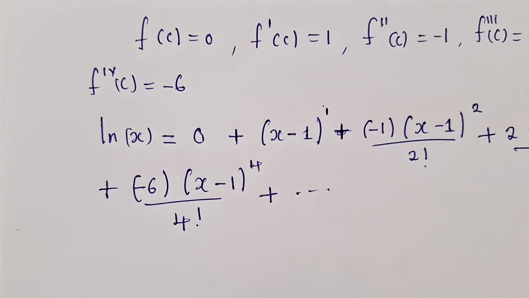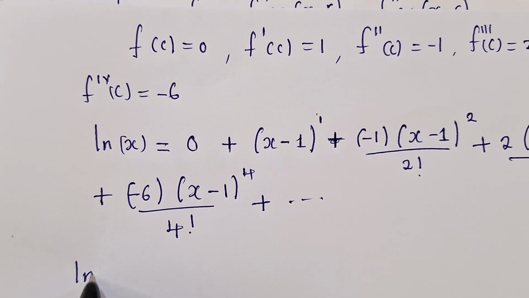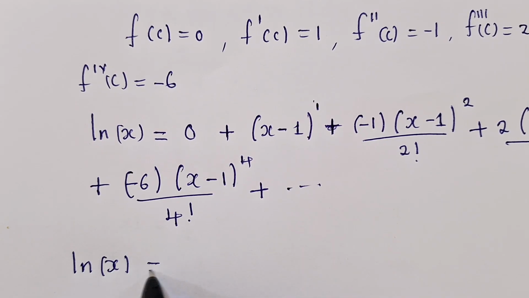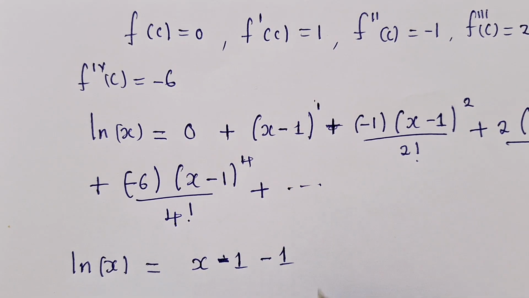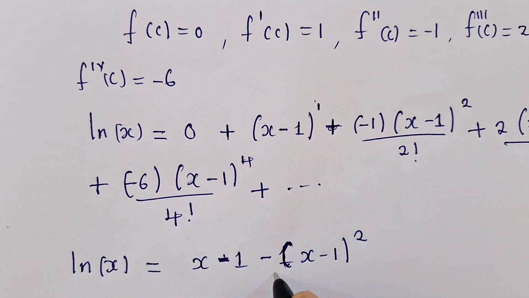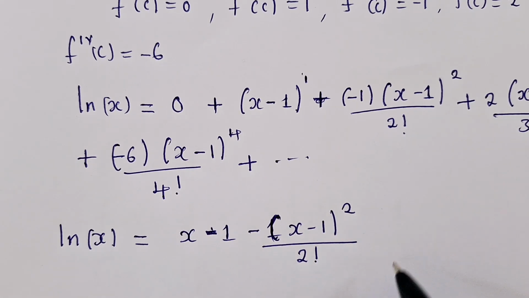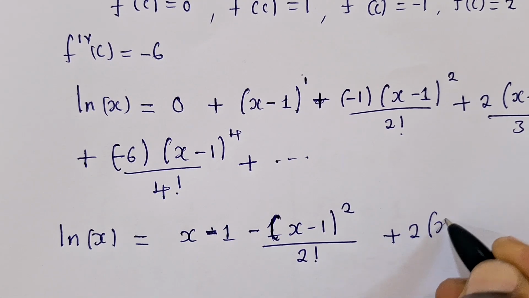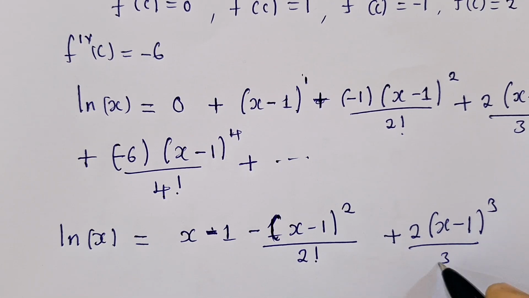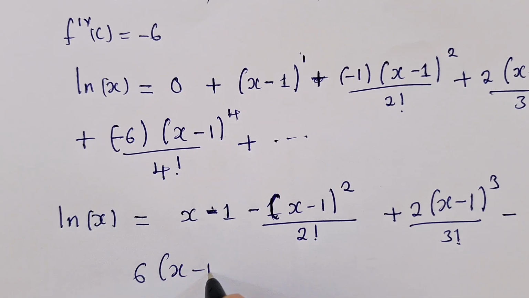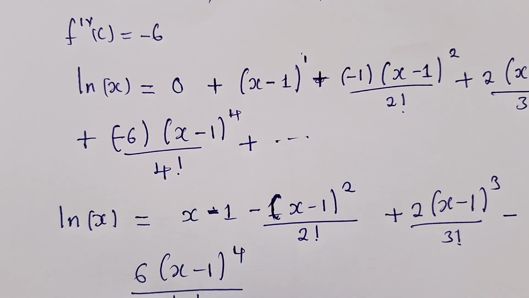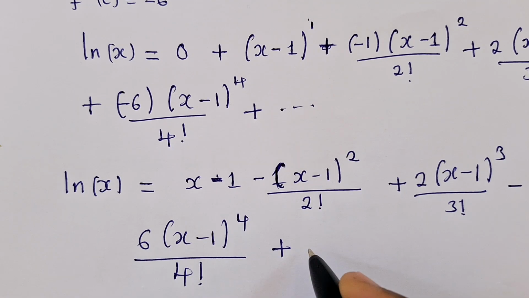And then if you see nicely, if we simplify, ln of x is equal to x minus 1, minus x minus 1 power 2 over 2 factorial, plus 2 x minus 1 power 3 over 3 factorial, minus 6 x minus 1 power 4 over 4 factorial, plus, like that.